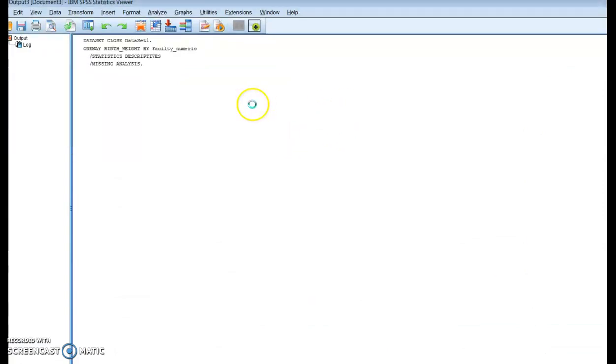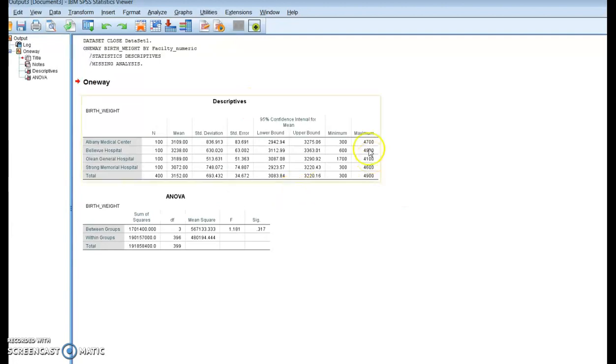SPSS will be computing, and you'll get output in a minute. Basically, you'll get 2 outputs: one is the descriptives, the second is the ANOVA table. The descriptive table tells you, for each facility, information on their baby birth weight.